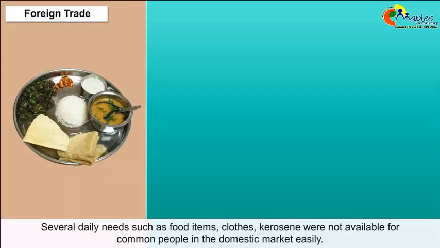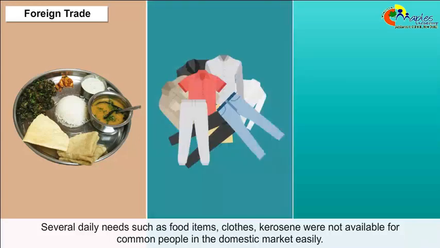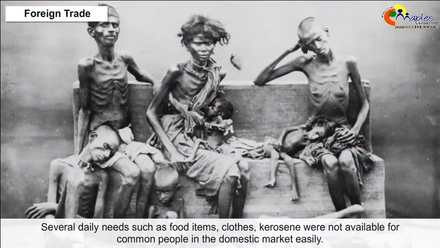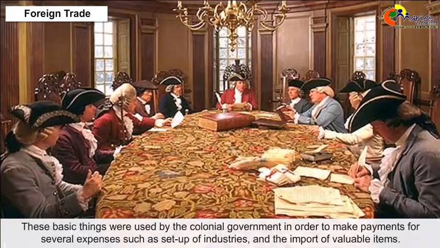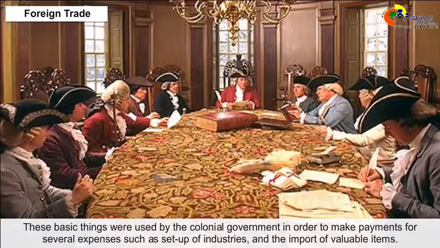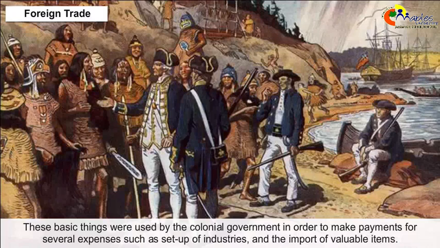Several daily needs such as food items, clothes and kerosene were not easily available for common people in the domestic market. These basic things were used by the colonial government to make payments for several expenses, such as the setup of industries and the import of valuable items.